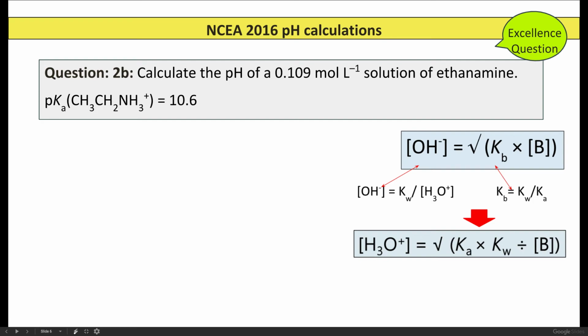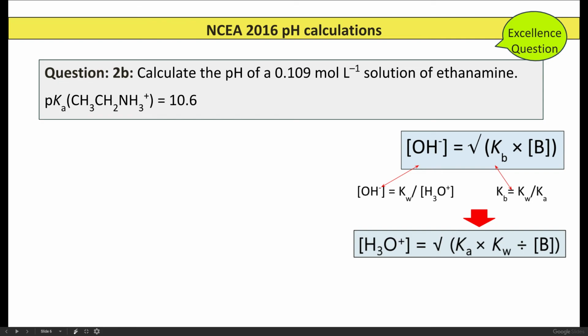I plug in 3.98 times 10 to the negative 4 for our base constant, and multiply it by the concentration of the base in the problem, 0.109. Multiply those two together and then take the square root of the whole thing. Then you'll know the concentration of hydroxide.